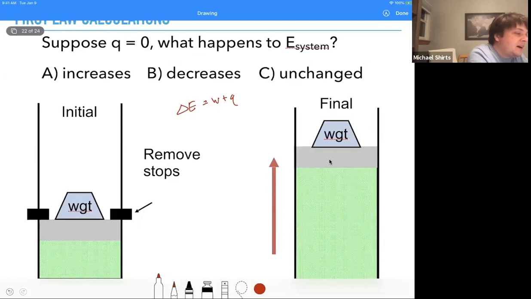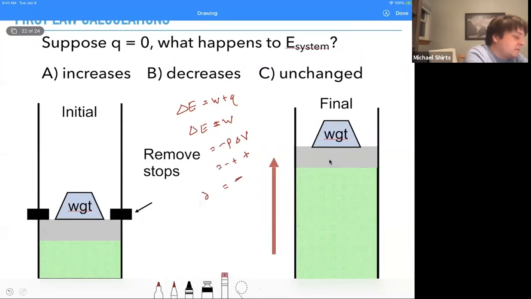And then the Q, we're just told Q is 0. Great. So the change in energy is simply equal to the work. So it's just minus P delta V. And there's a weight pressing down, so it's definitely positive pressure, minus positive delta V. Delta V is positive, and so therefore this is a negative number.